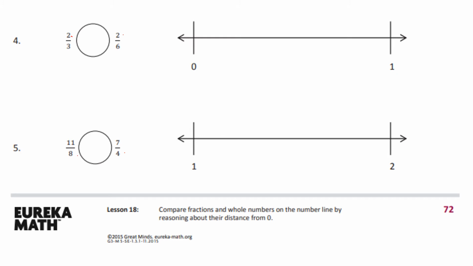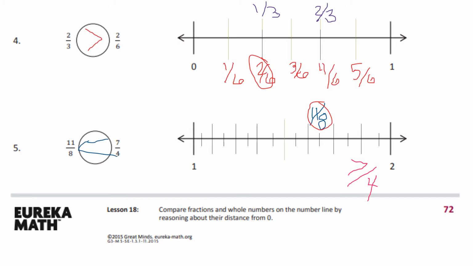All right, and we are going to go over the answers. As always, if you need more time, just press pause. So here we start reviewing the answers. As you can see, 2/3 is greater than 2/6 because I, as you can tell, broke this apart. I did the sixths on the bottom and the thirds on top.